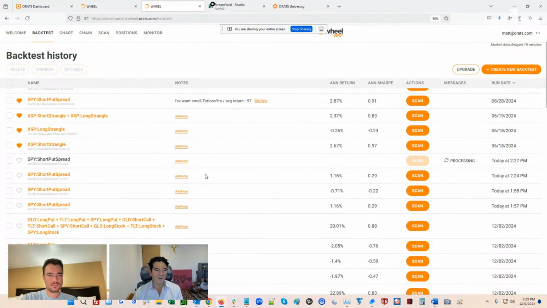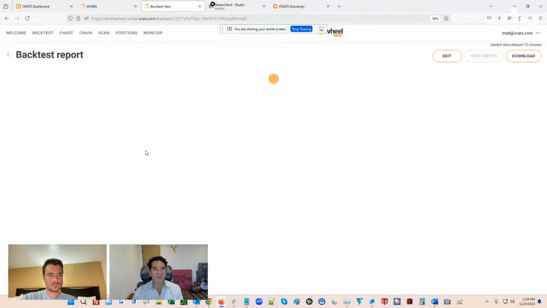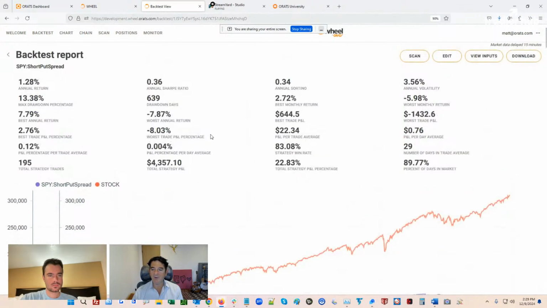So I input that. I was doing it quickly before we got here. And here's yours, Tyler. Yours is the best so far. Using that forward to trade allowed us to be in the market still 90% of the time, but our drawdown was lower and our return was higher.